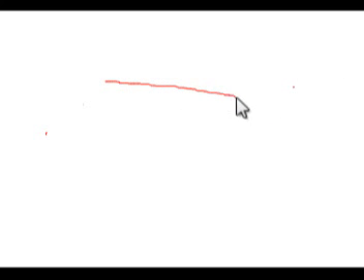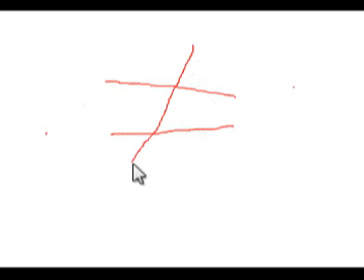Take two lines that are not parallel, and there is an intersector intersecting both the lines. Now I am naming this A, B, this is C, this is D, and this is E.